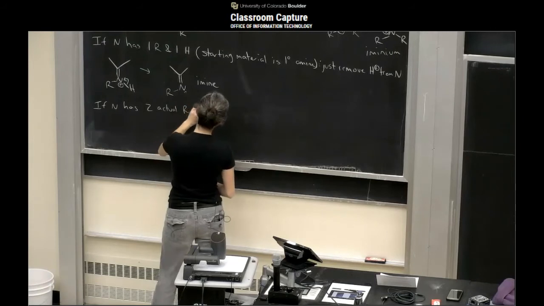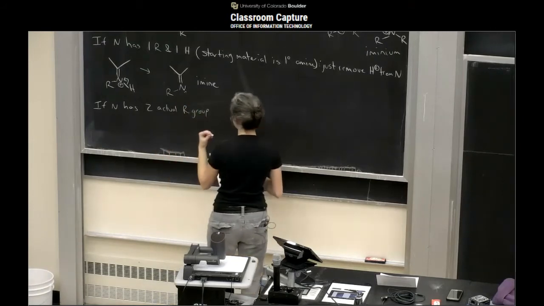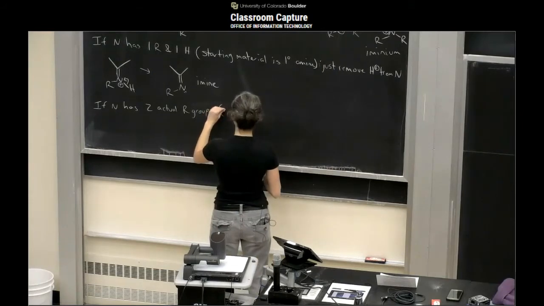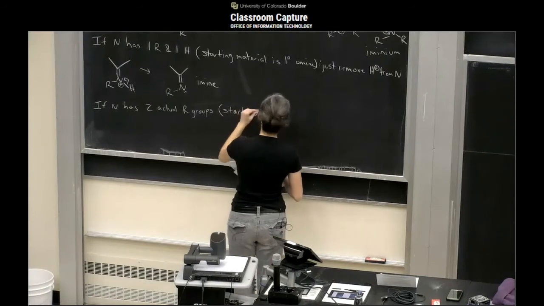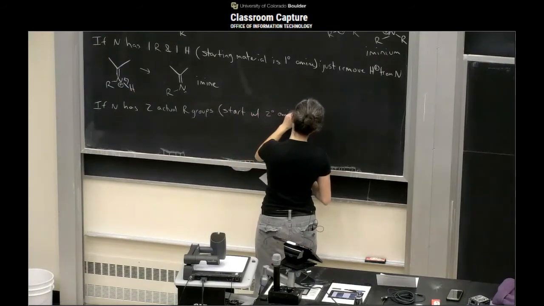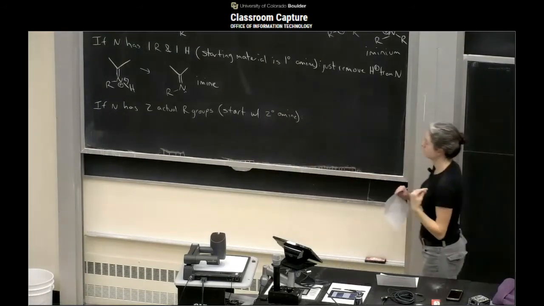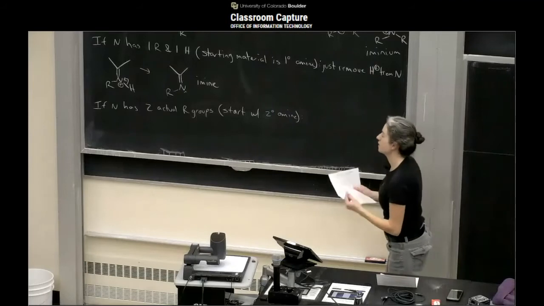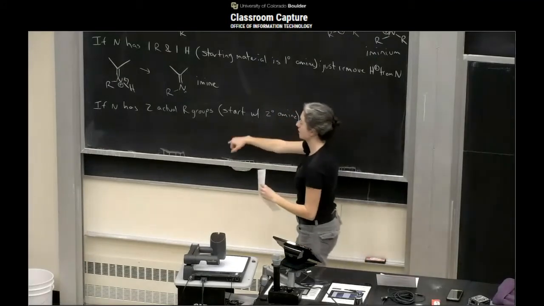So if the N actually does have two alkyl groups, two actual R groups, so in other words, the starting material was a secondary amine, then we don't have the ability to pull an H off the nitrogen, but we do have the ability to pull an H off of a beta carbon.